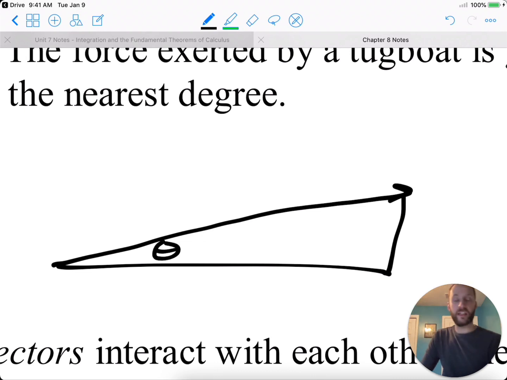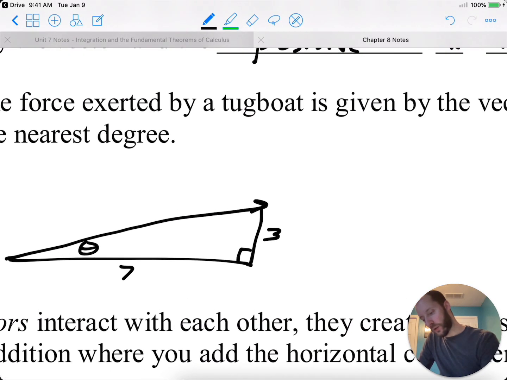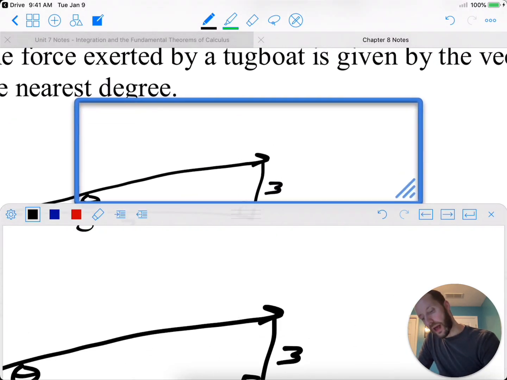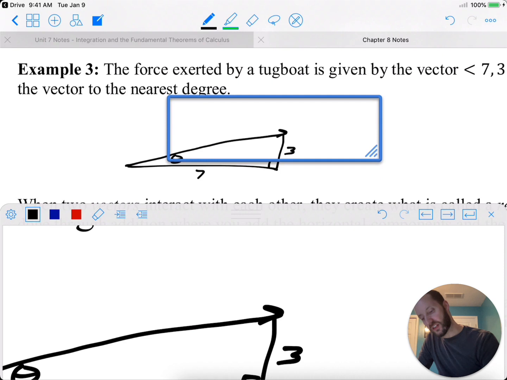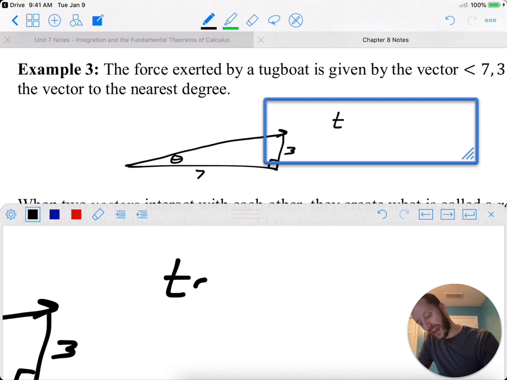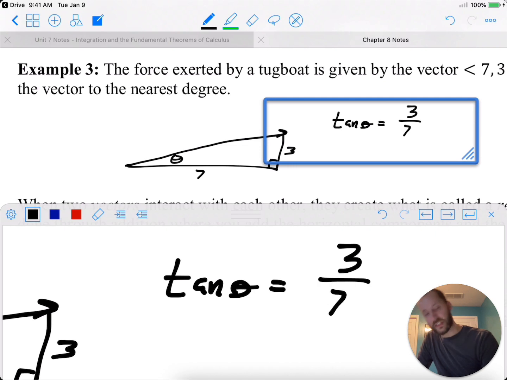We want to find that angle. 7, 3, and of course this is a right triangle. So pretty simply, we have opposite and adjacent. So tangent of our angle theta would be opposite 3 over adjacent 7.